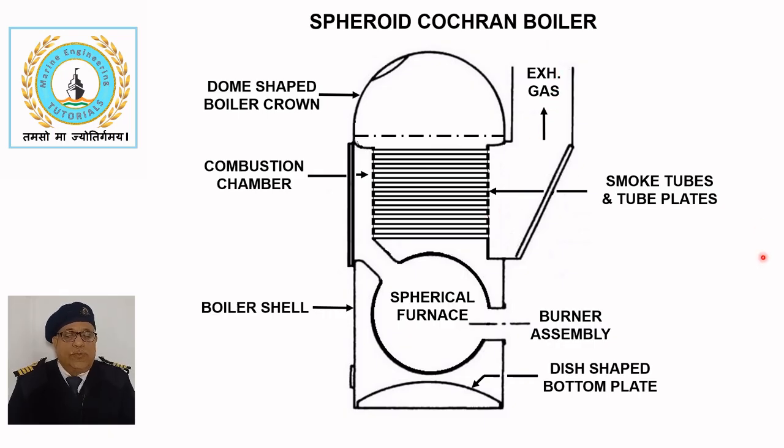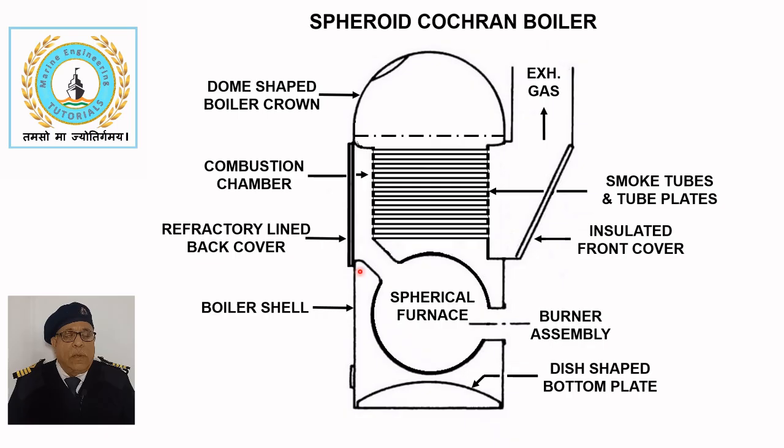These small bore tubes are fitted with retarders, which improve heat transfer by creating turbulent gas flow and also help keep the tubes clean. Access to the smoke tubes is provided by a refractory lined back cover and an insulated front cover.